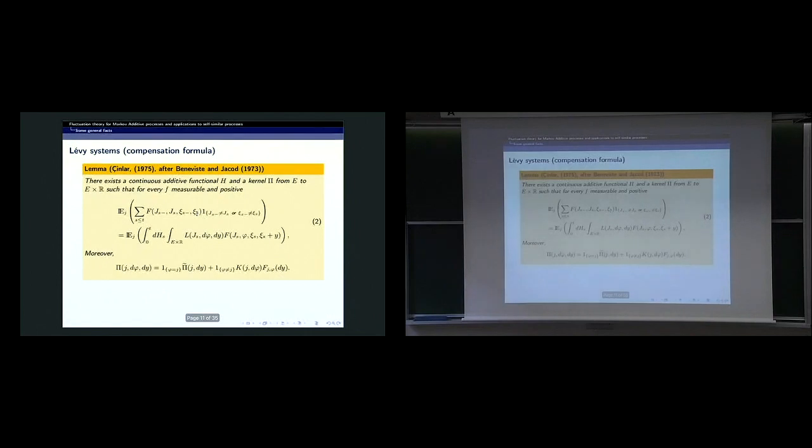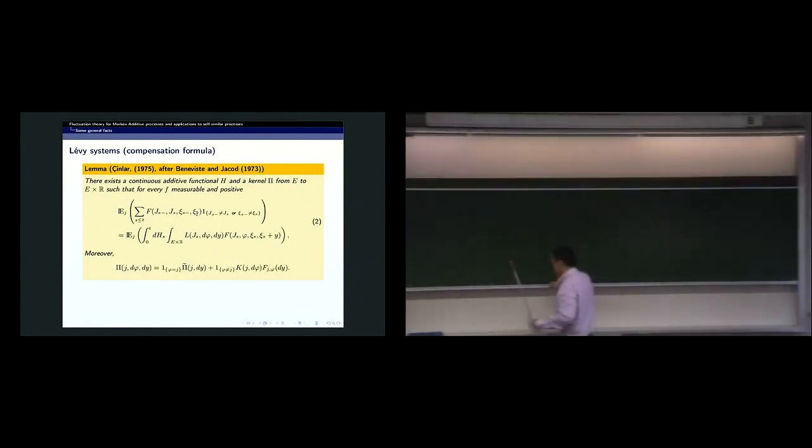Now, how does it look like in the case of a stable process? I'm going to write it here because the next slide is not correct.